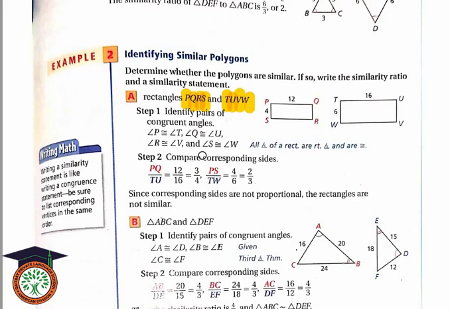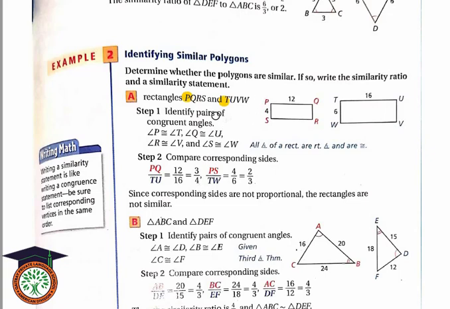Let's find the corresponding sides. First side is PQ, and the corresponding one is TU. What is the length of PQ? It's 12. And TU is 16. So 12 and 16, in the simplest form, equal 3 over 4.